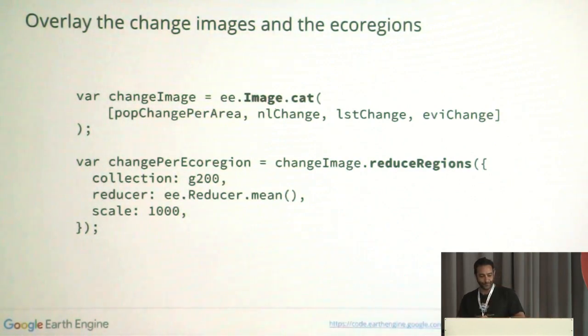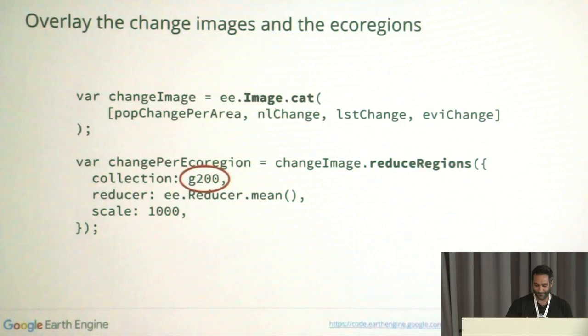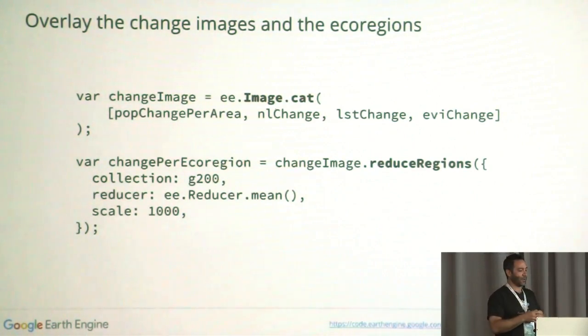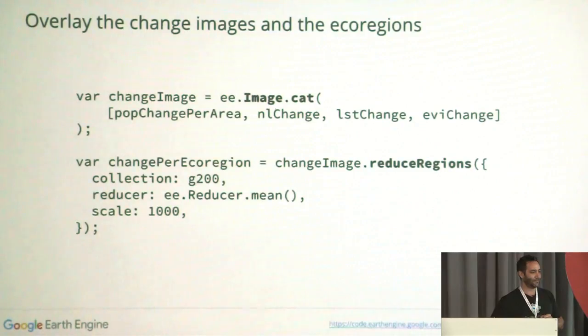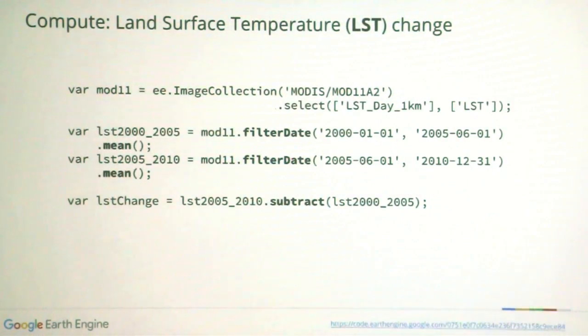At this point, we can do everything at once. Sorry, the same thing you did with the LST, the land surface temperature, is it possible to do it with CO2 emissions?